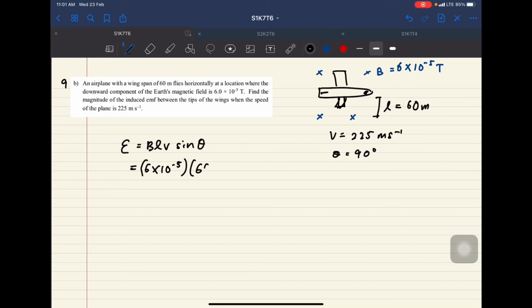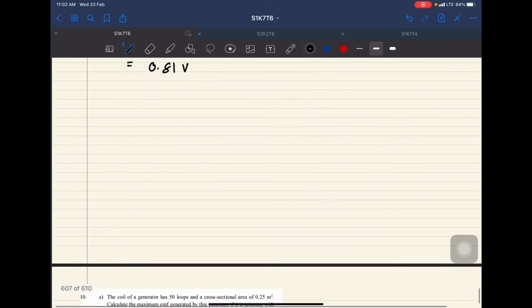Length is equals to 60. V equals to 225 multiplied by sine 90 degrees. So that one is equals to 1. So 6 negative 5, 60 times 225. 0.81 volt. Okay, that was for question 9b.